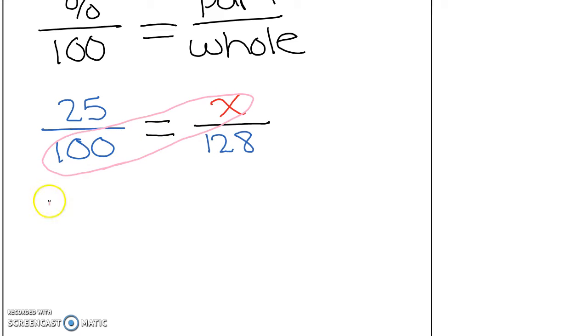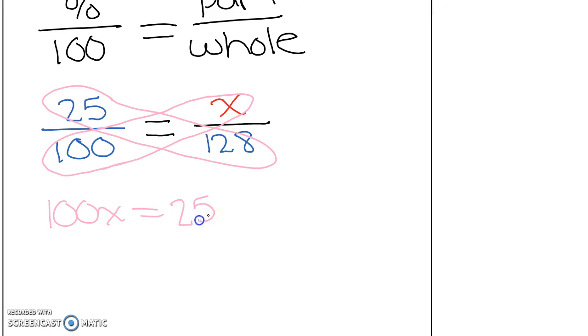100 times x is equal to 25 times 128. Feel free to use your calculator for this. So my next line would say 100x equals, and then 25 times 128, which is 3,200.